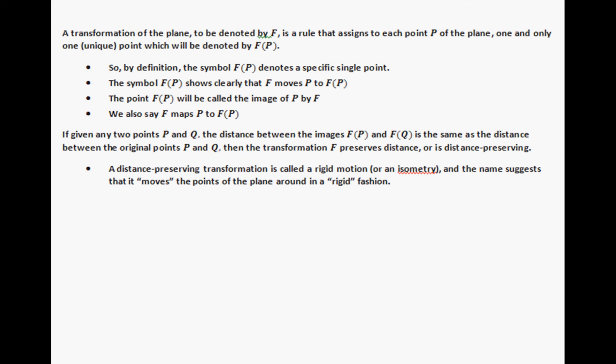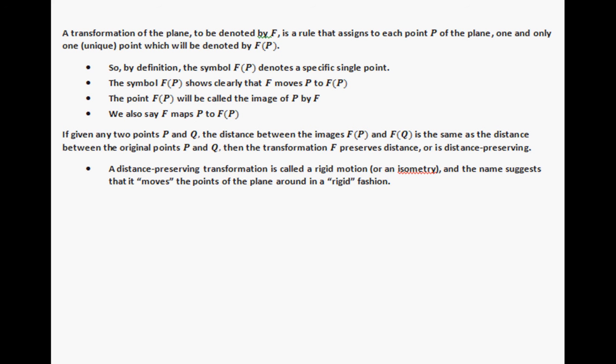So a transformation of the plane denoted by F is a rule that assigns to each point P in the plane one and only one unique point, which will be denoted by F of P. And here are the parts of that definition summarized again.